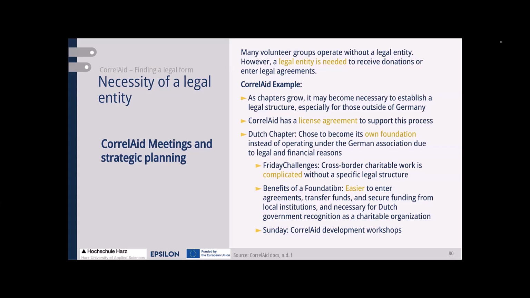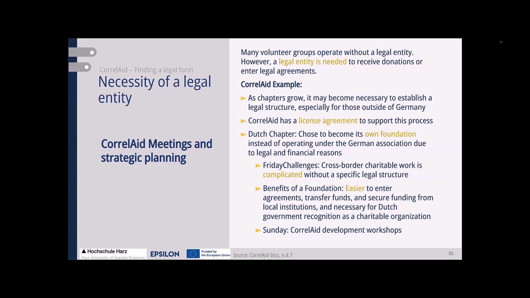However, you need a legal entity in order to, for instance, receive benefits like donations or even to enter legal agreements if you work with data and you think about data privacy. And as chapters grow, it may become necessary to establish a legal structure, especially if you work outside Germany.